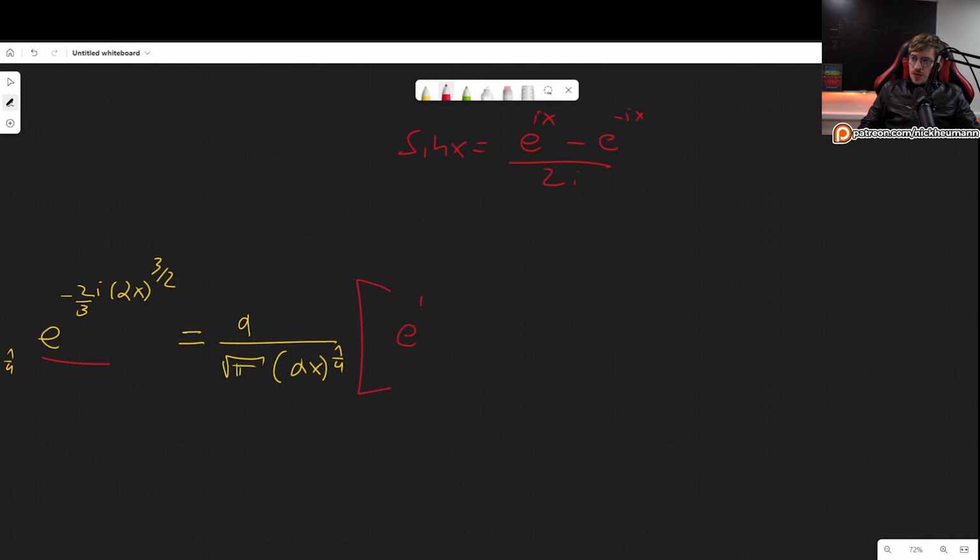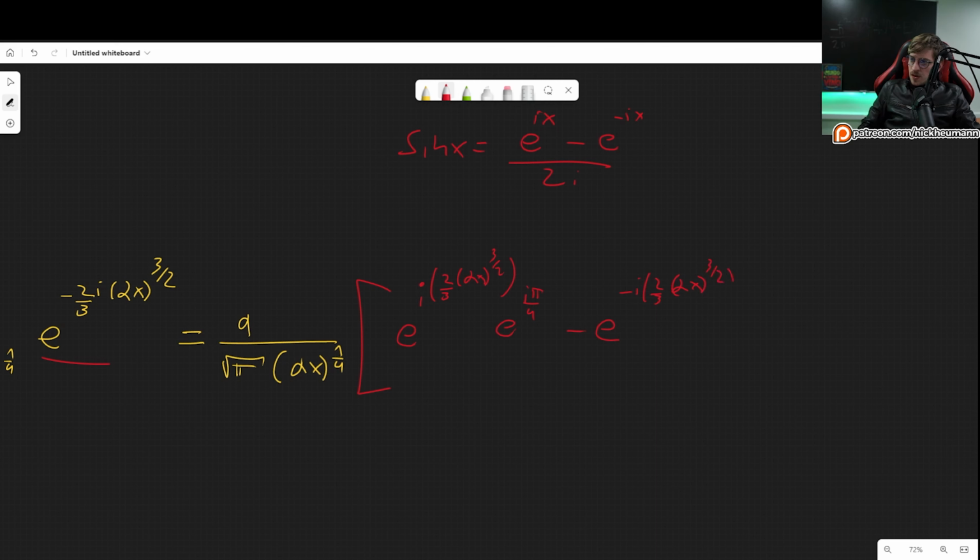e to the i, and what did we have inside? We had 2/3 alpha x to the 3/2 plus 4 pi over 4. But we can write this as e to the i pi over 4. Then we got minus e to the minus i 2/3 alpha x to the 3/2.